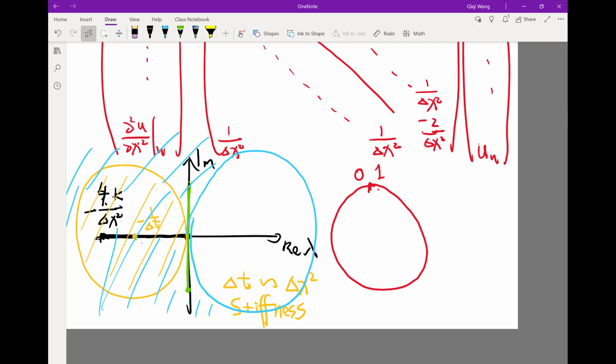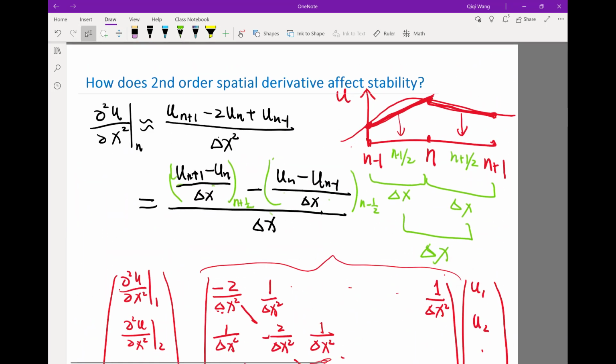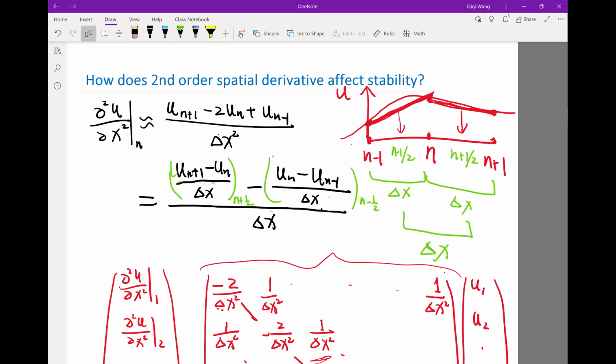So that concludes our discussion on second order spatial derivatives. We have introduced partial differential equations, learned how to discretize the first order and second order derivatives, and studied how different discretizations affect the stability of finite difference.